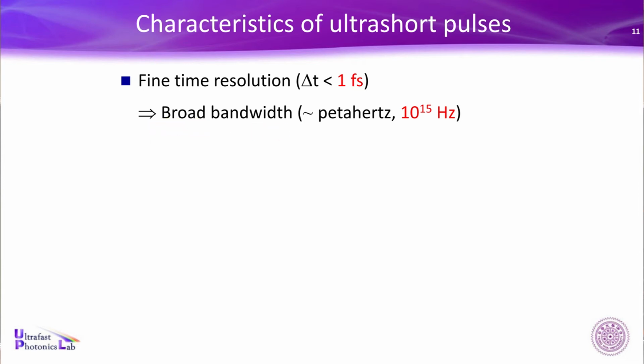And if you have very short pulse duration, in other words, you have very broad bandwidth based on the Fourier transform theory, right? Short time duration must correspond to broad bandwidth, but not vice versa. Broad bandwidth does not guarantee short pulse duration. We will analyze this issue later. So if you have 1 femtosecond pulse width, roughly speaking, the bandwidth is the inverse. 1 femtosecond inverse means 1 petahertz, 10 to the 15th hertz.